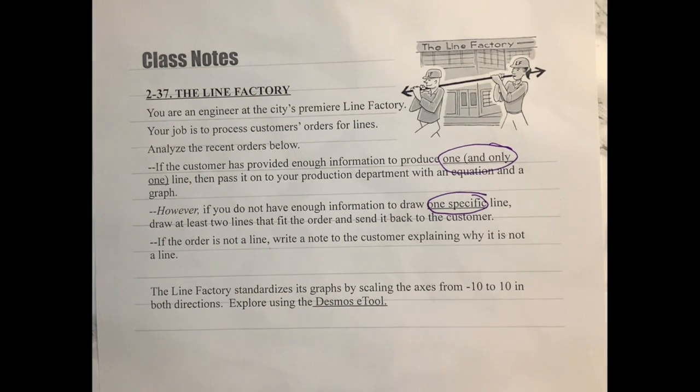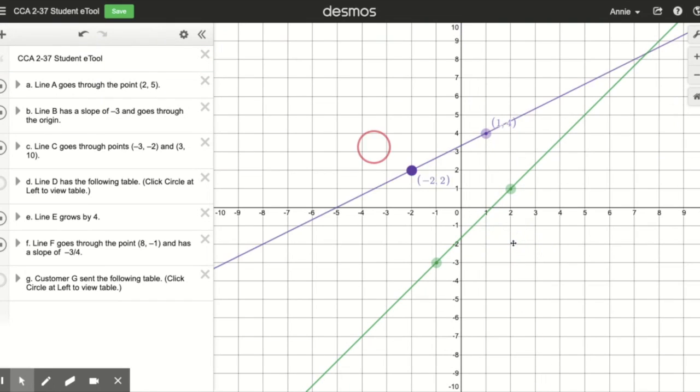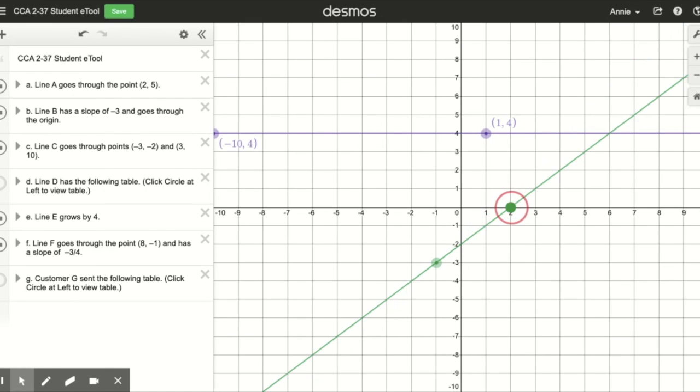So we're going to use our e-tool for this. So here we are in our e-tool. And our very first one says line A goes through the point 2, 5. So I'm just going to focus on the green right now. So I'm going to get this purple out of my way. Let's just do that. So I'm going to put this point on 2 and then up 5.